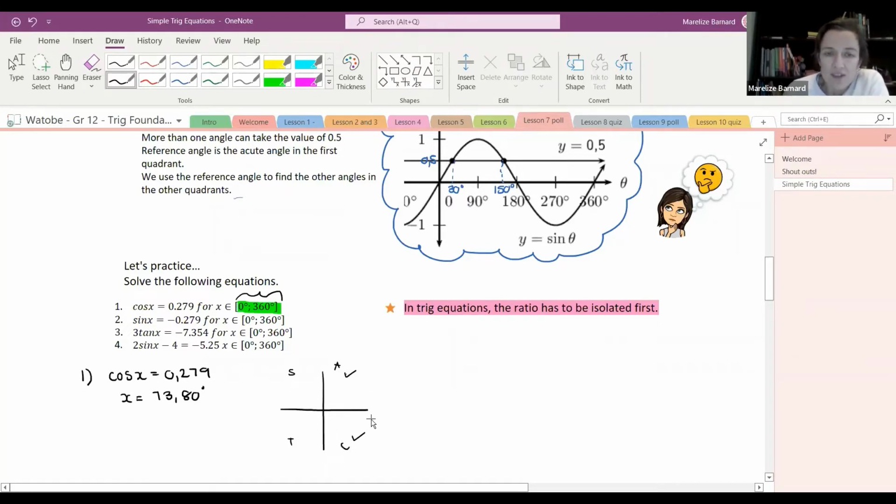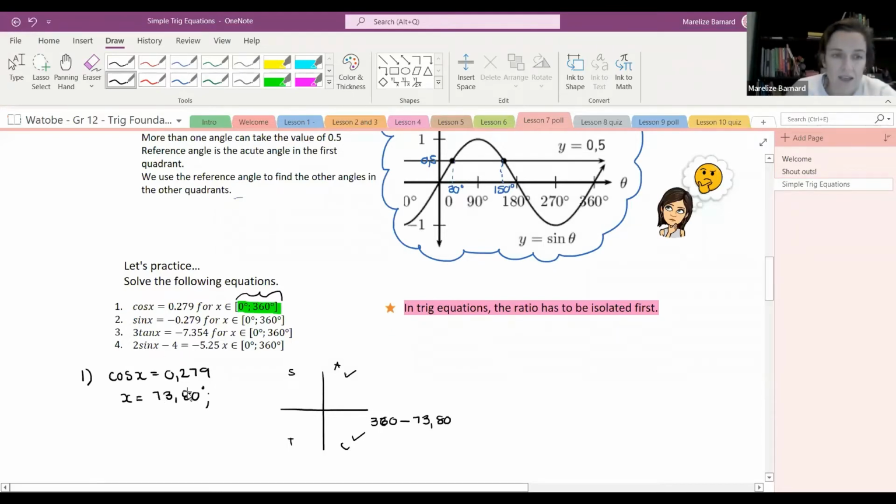So this quadrant is 360 minus. So we're going to subtract that acute angle from it. Yes, CAST or ACT, that's fine, yes. So we're going to subtract the 73.80 from it. And then we get our second angle that will give us 0.279. So 360 minus 73.80.